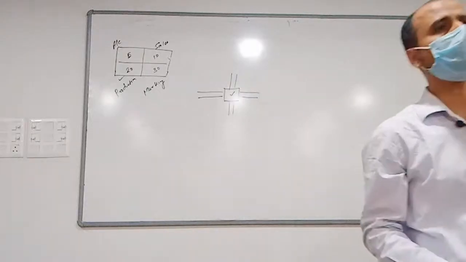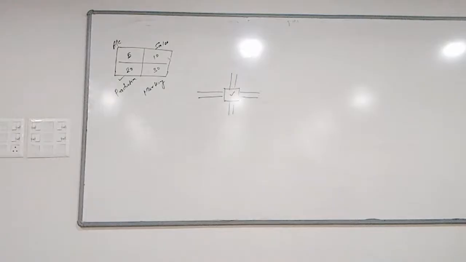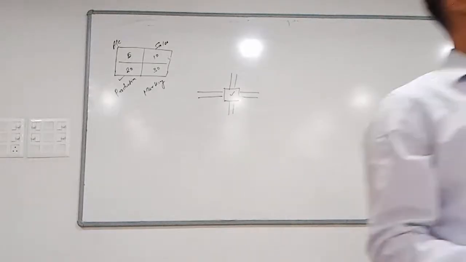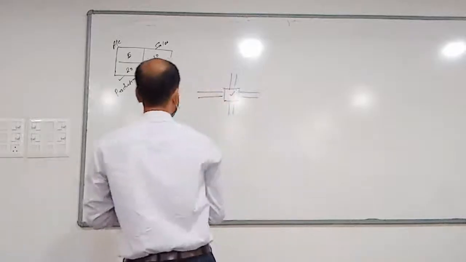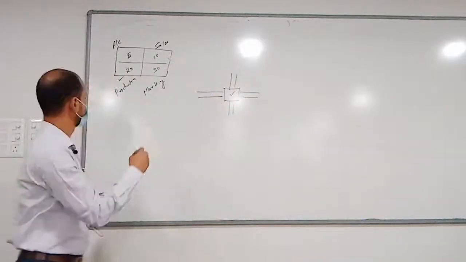Maximum hosts, 8 bits. How many hosts can be connected to a Class C actually? 254. Correct. Total 256, but we subtract 2 because of the network IP and broadcast IP. Okay, now Class C.